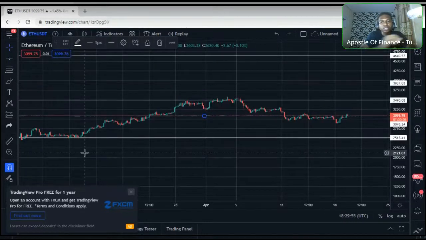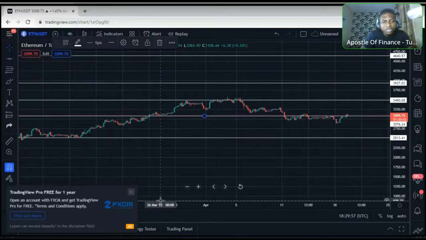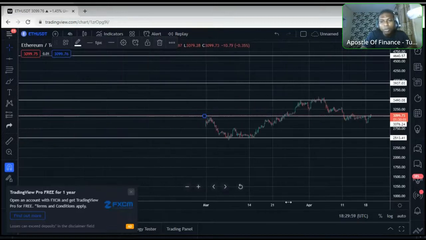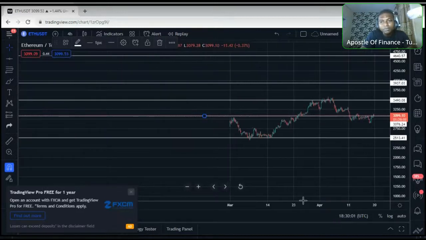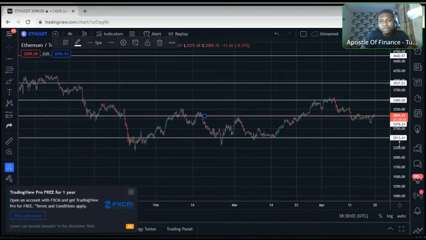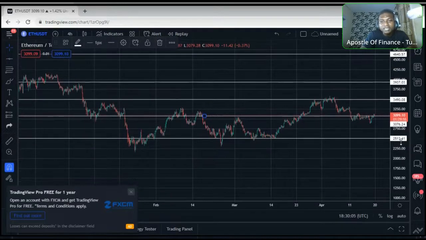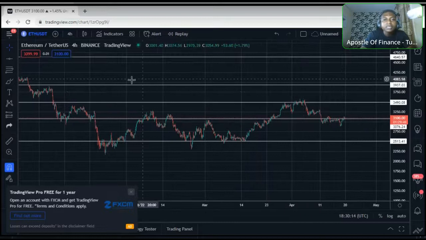So you see clearly what we are talking about here. This is price consolidating in this area. Let me use something to show you so that you can see what I'm saying clearly.